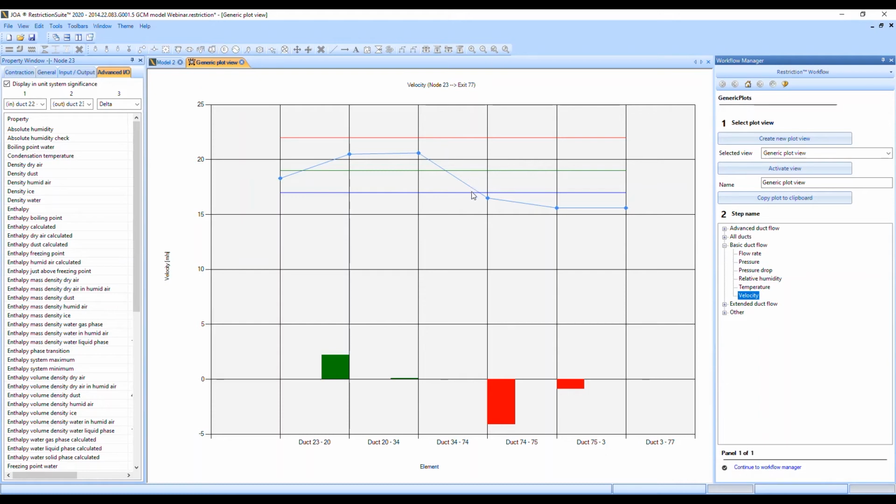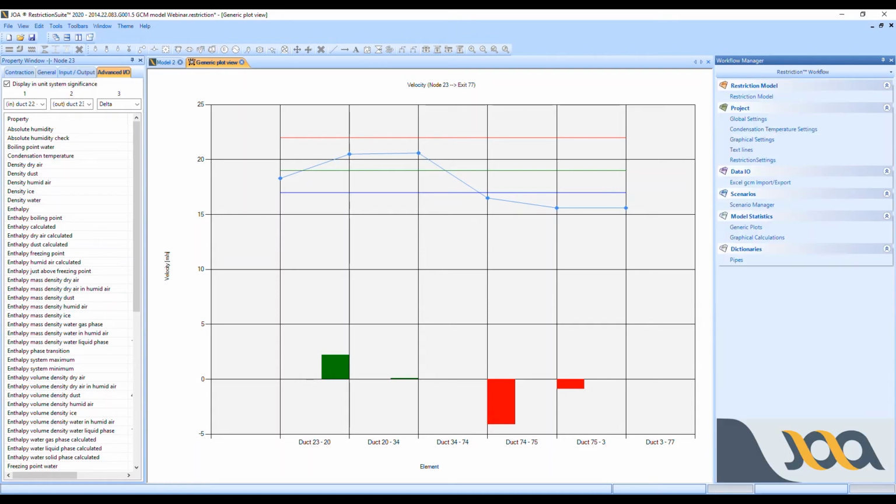So the blue line indicates the minimum, the red line the maximum, and a little bit further downstream the system we are below the critical velocities, and that's because we are after the dust collector, so all dust is taken out and there is no risk for settlement anymore.